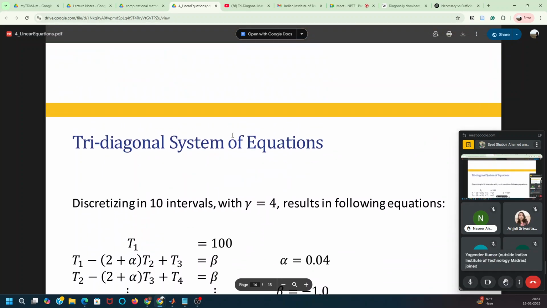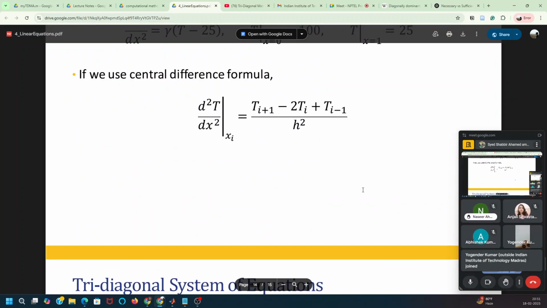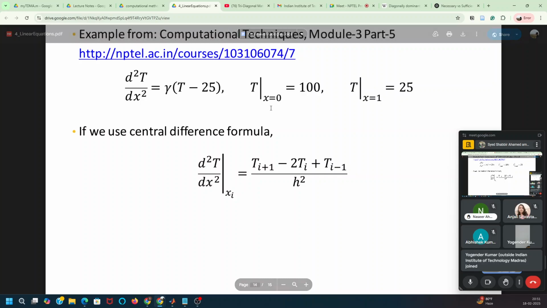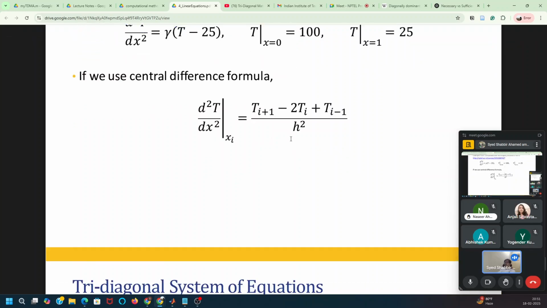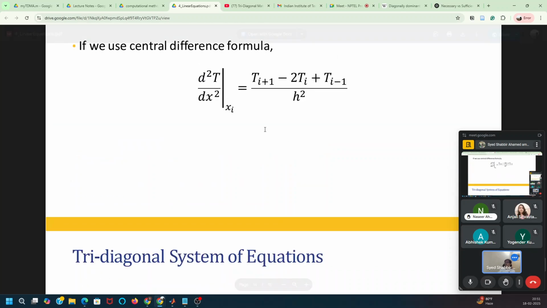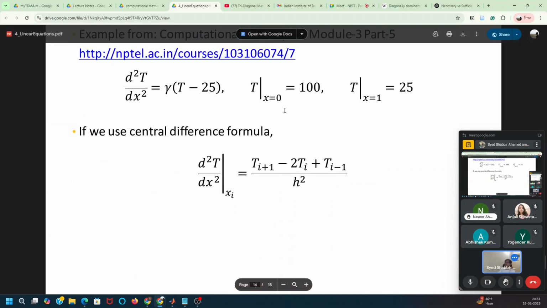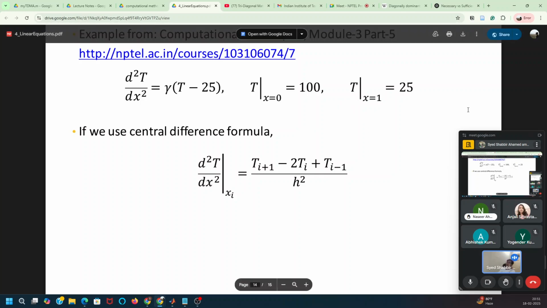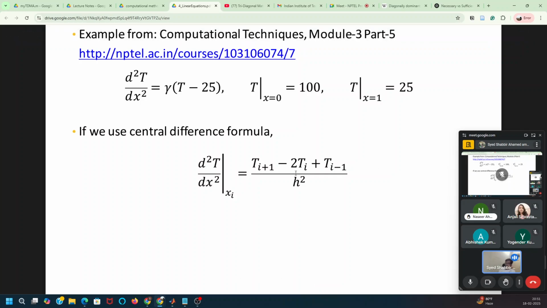Here, I'll discretize the rod into 10 elements: from 0 to 0.1, 0.1 to 0.2, 0.2 to 0.3, and so on.